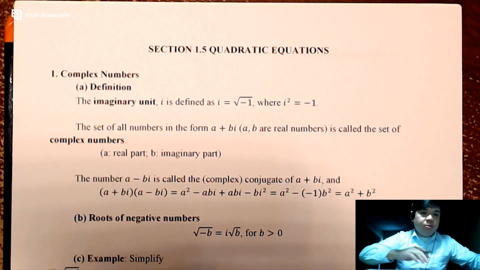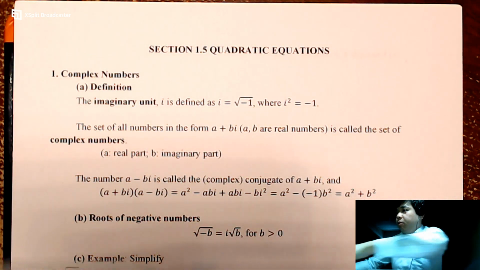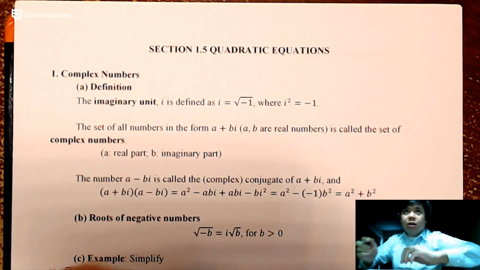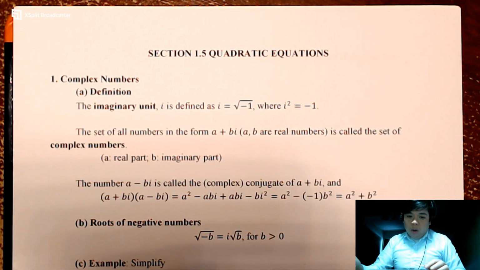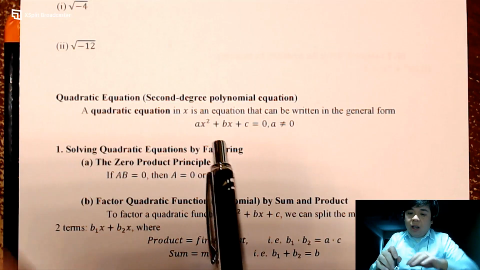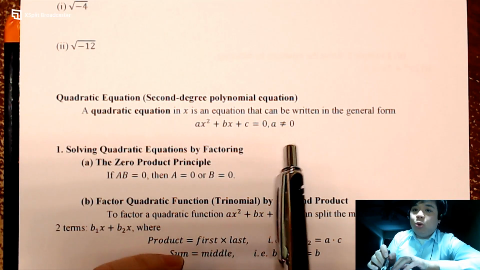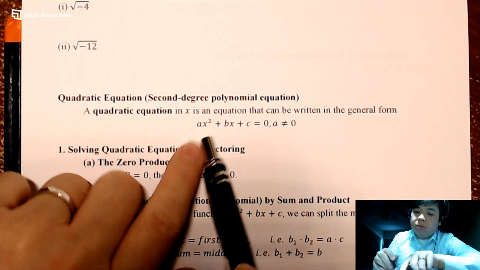That's where we start. Quadratic equation. A quadratic equation is in this form: ax squared plus bx plus c equals 0. What makes it quadratic is the x squared.